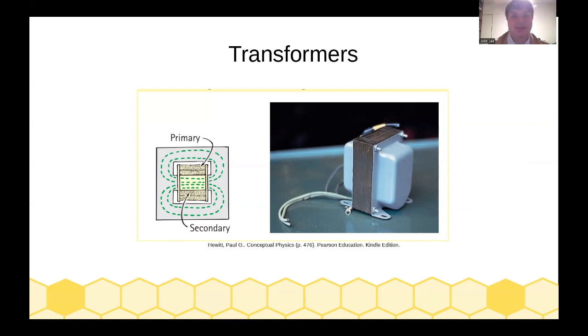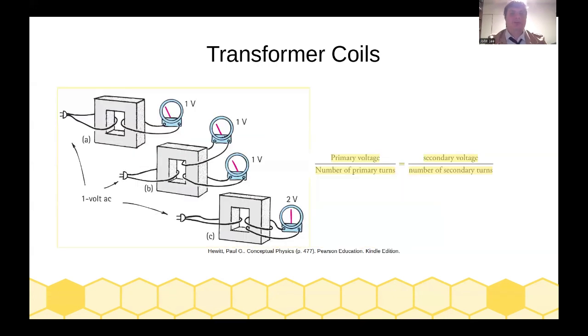Once the energy has been generated and the current is flowing through the electrical lines, we use transformers to change the voltage of the alternating current from the high voltage that you'll see in electrical lines to the relatively low voltage that you'll see running through your house. The way a transformer works is that it takes an AC current and creates a magnetic field in an iron core.